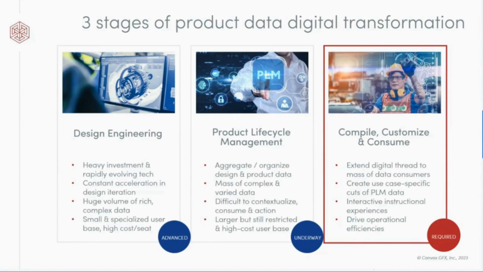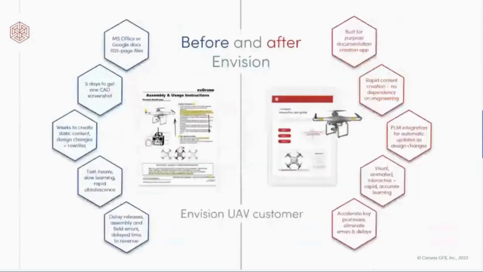We are all talking about things like digital twin. But as far as the compilation and consumption of documents, a lot of that has really lagged behind as far as investment and advancement. So that's really what we're attacking here with Canvas Envision, and integrating that into PLM is an obvious next step for optimizing the documentation creation and consumption.